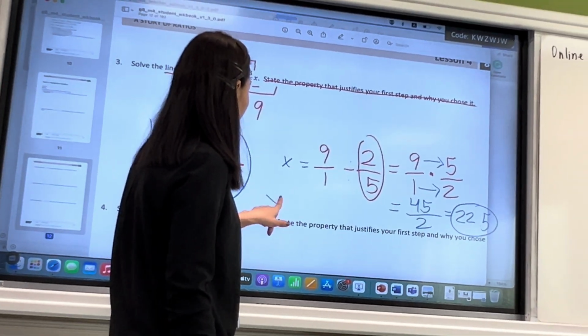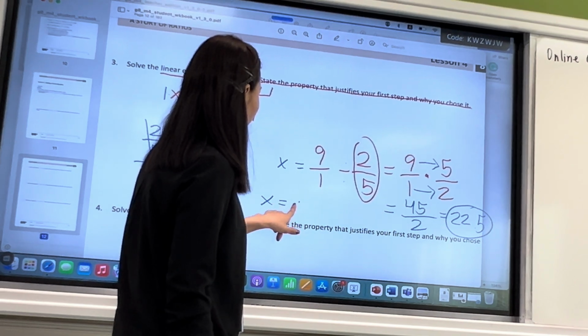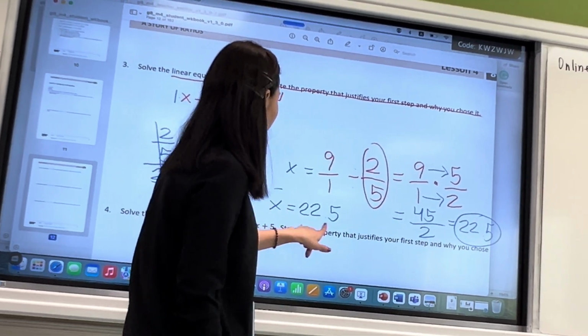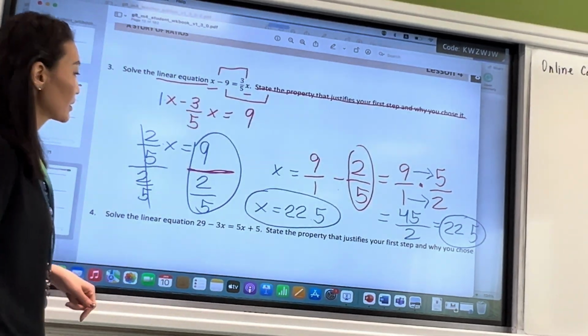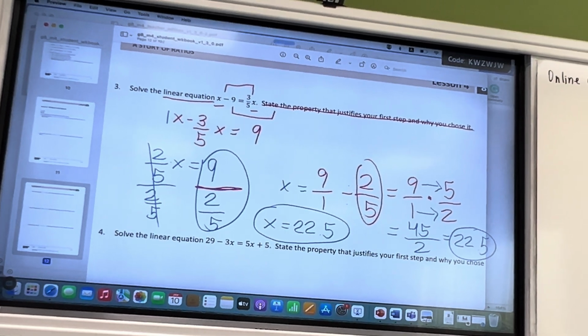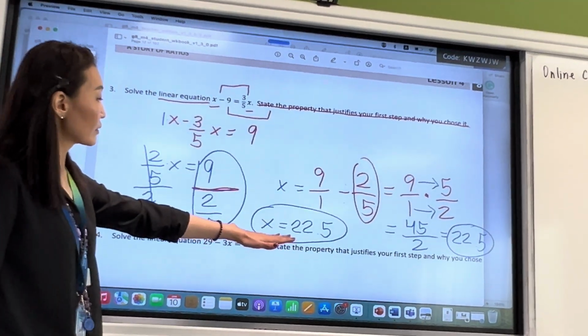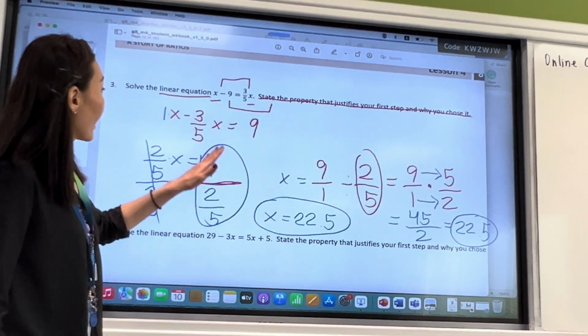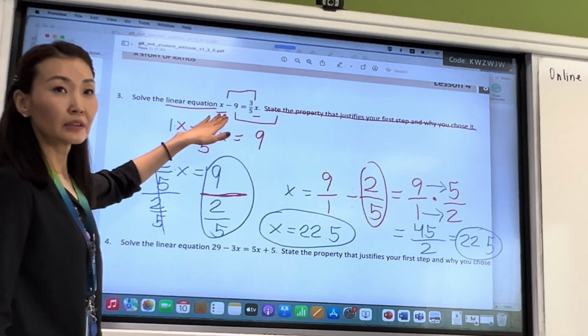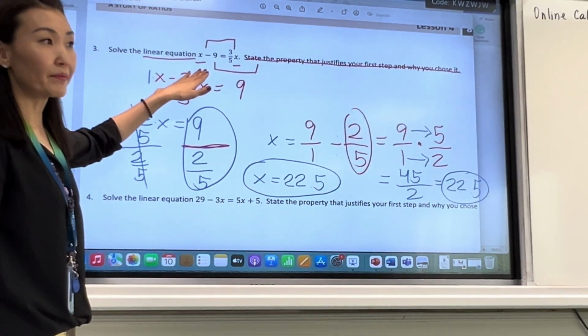So x equals 22.5. Are we okay with this? All right. Okay. So then once you have written this down, I want you to plug this back into the original equation to test your solution. All right? Okay. Good job, you guys.